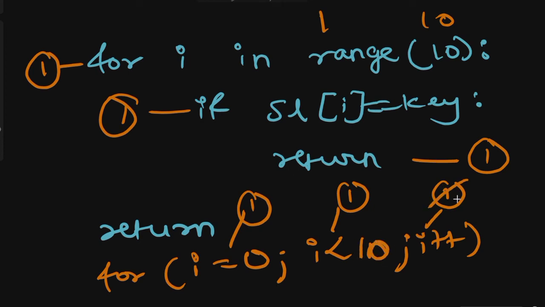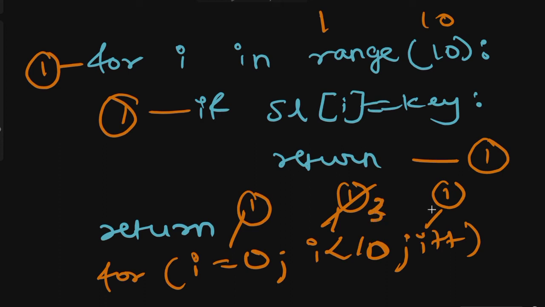So what would happen, i would be incremented. At that time this check would be the first, and after incrementation i would be 2. Here we will do a second check, then again i will be incremented to 3.